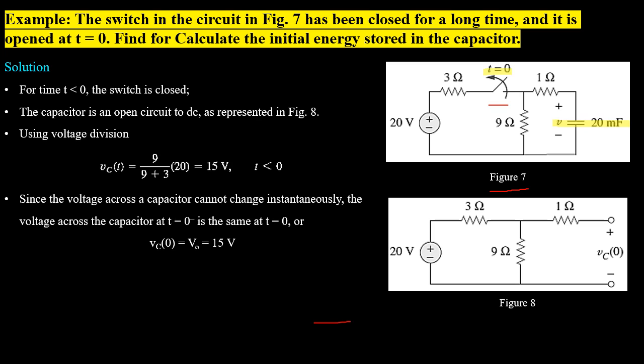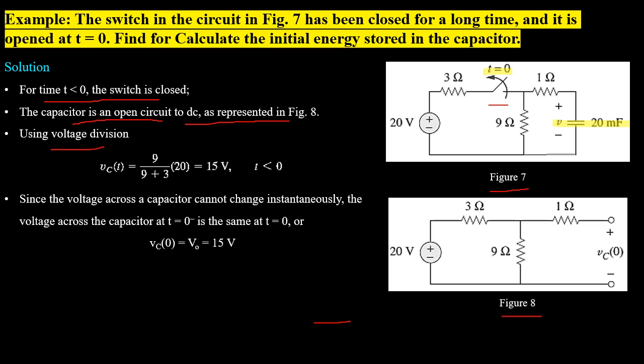For time t less than 0, the switch was closed, and during this time the capacitor will act as an open circuit to DC as shown in figure 8. As the capacitor will act as an open circuit, the voltage across the capacitor will be equal to the voltage across the 9 ohm resistor.